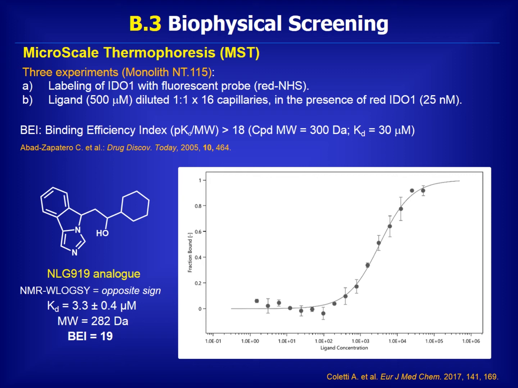Thanks to the KD values obtained, we could calculate BEI, Binding Efficiency Index, which links potency, expressed as pKD, with the size of each fragment tested.